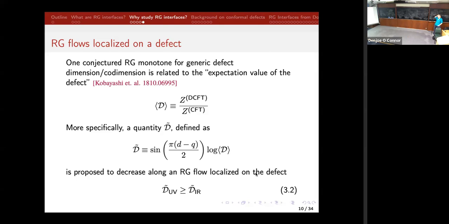Yeah, so in the case of the conformal interface, I would say it gets a little bit tricky because there are two possible things you could divide by, either the CFT in the IR or the UV, on the whole space.